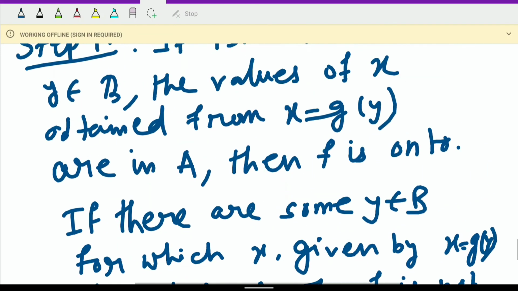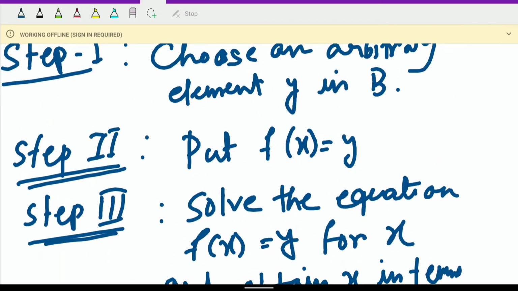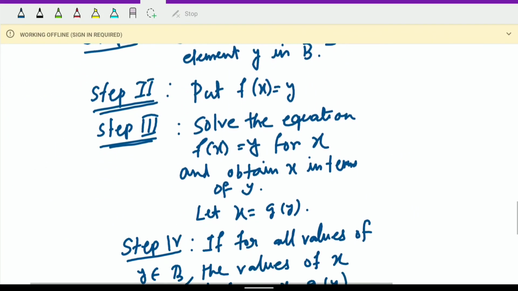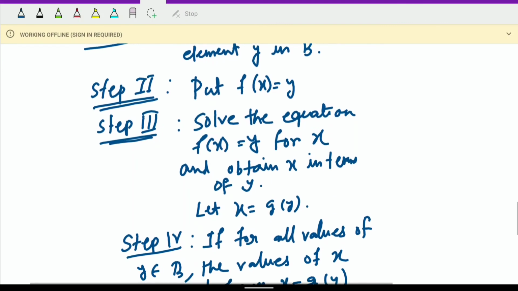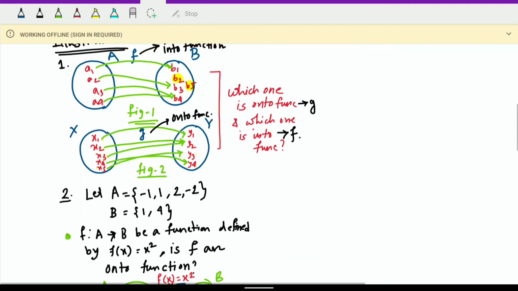Okay, so this algorithm you can write in your copy. I will apply this algorithm in the next video, where I will teach you some NCERT problems, and I will give you some solutions of NCERT problems.